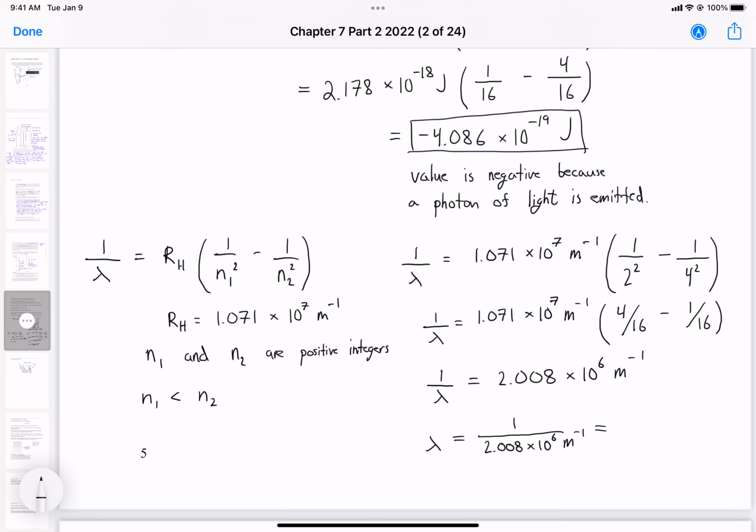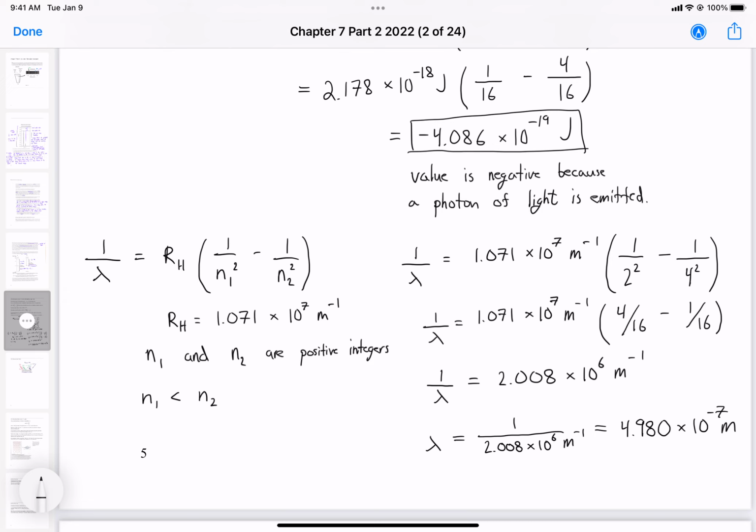So we get 1 over 2.008 e to the 6th. And we get 4.980 times 10 to the negative 7th meters.